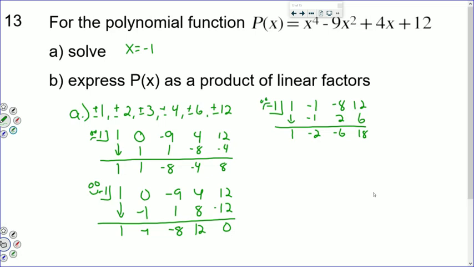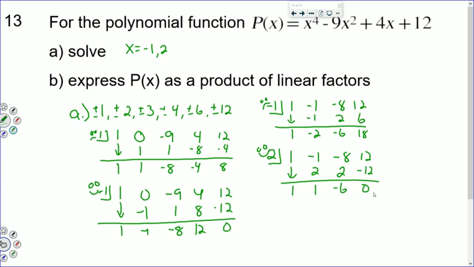So let's try positive 2 with our new coefficients, 1, negative 8, and 12 Bring the 1 down. 2 times 1 is 2. Negative 1 and 2 is 1. 2 times 1 is 2. Negative 8 and 2 is negative 6. This is negative 12, and we get a 0. So 2 works. 2 is a solution. So negative 1, comma, 2.